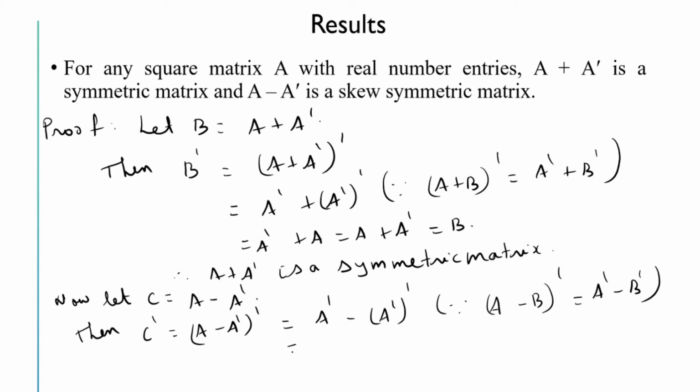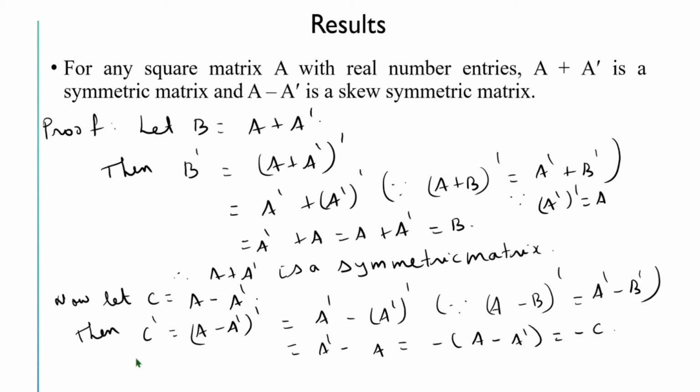So this is equal to A transpose minus A transpose the whole transpose is A. Here also A transpose the whole transpose is A. So this is equal to minus of A minus A transpose, which is equal to minus C.